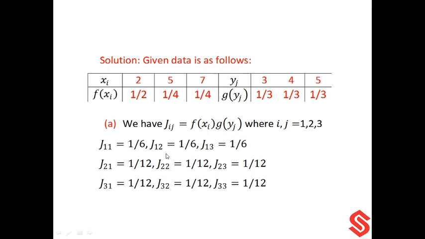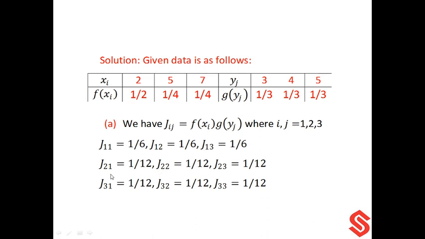Next J12. J12 is f of x1 g of y2, so that is 1 by 6 again. J13, f of x1 g of y3, f of x1 is 1 by 2, g of y3 is 1 by 3, 1 by 2 into 1 by 3 is 1 by 6.